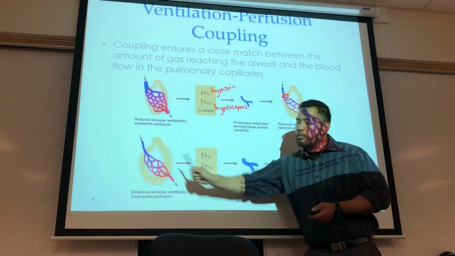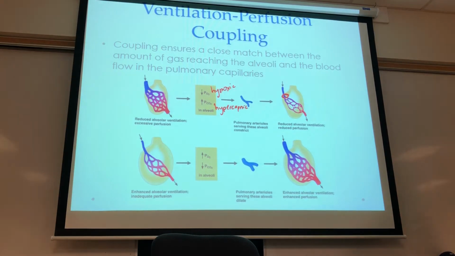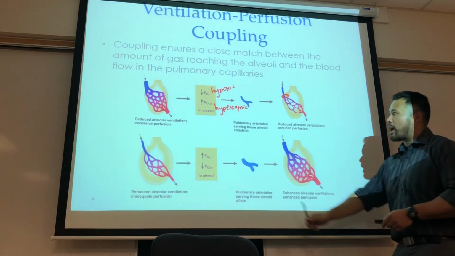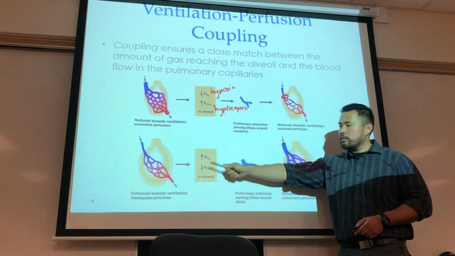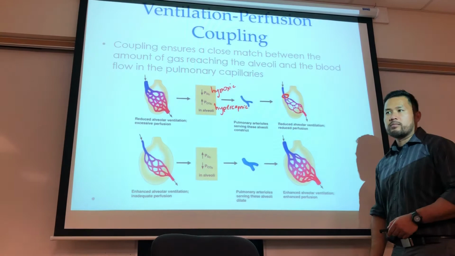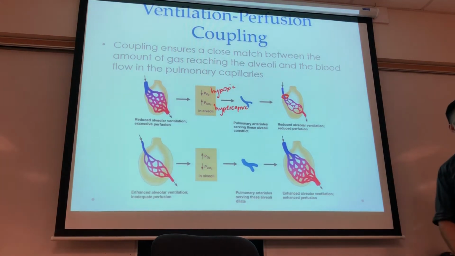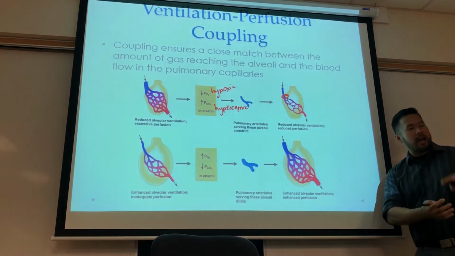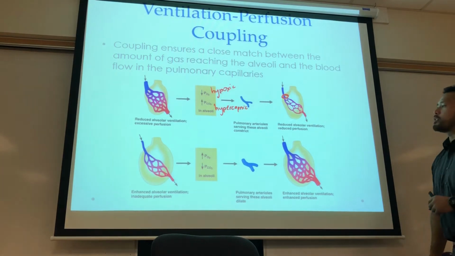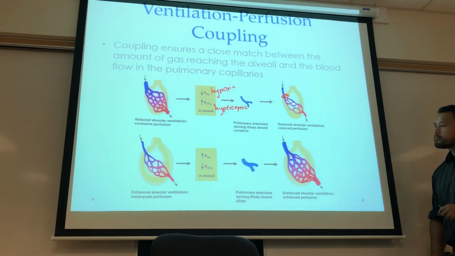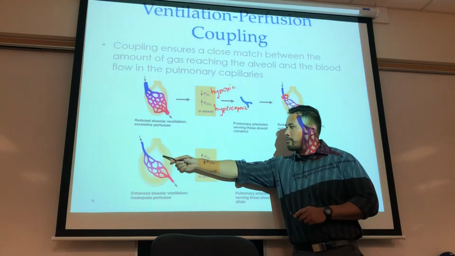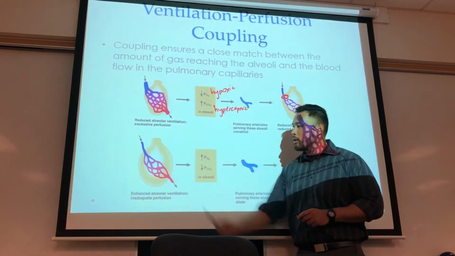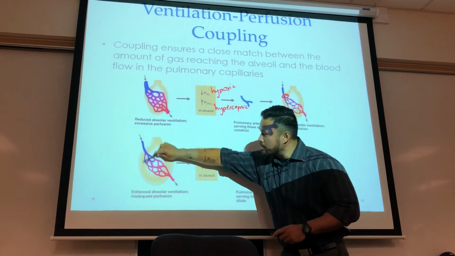So now I'm going to take what's going to happen in well-ventilated alveoli, areas that are going to have high oxygen content and low CO2 content. So somebody who's taking long, high tidal volume breathing at a lower respiratory rate. In this case, if I've got very well-ventilated alveoli, I want to increase the blood flow.